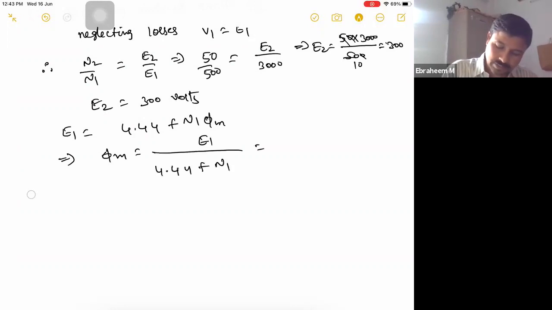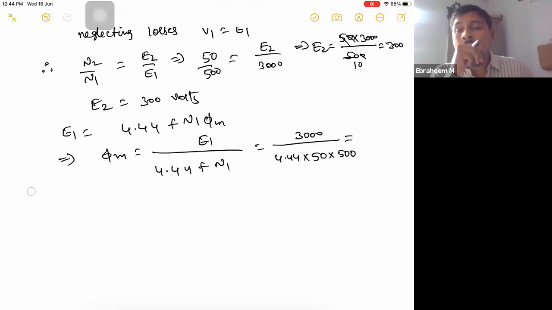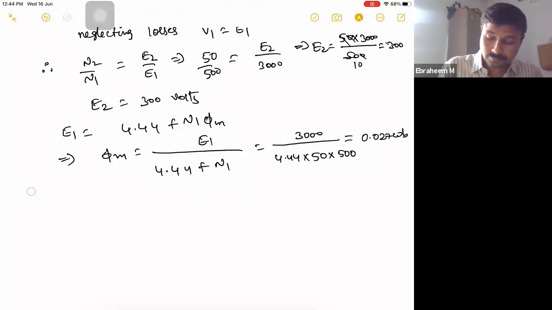E1 is 3000, F is 50, N1 is 500. So it is 0.027, that is 27 milliwebers.